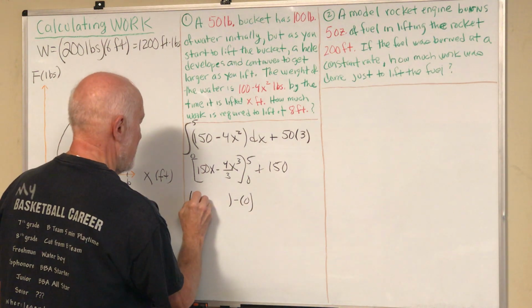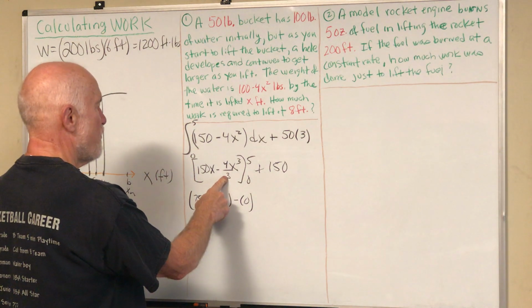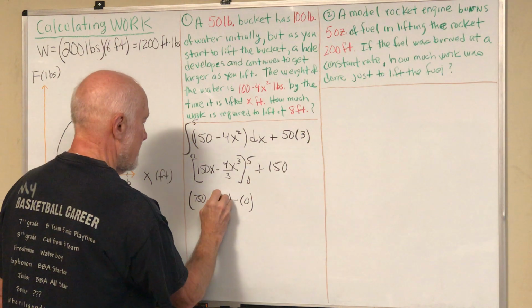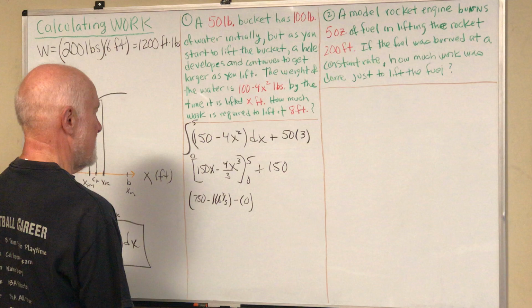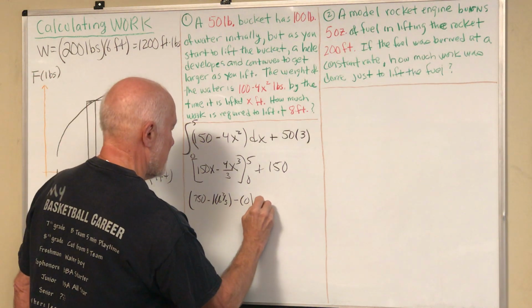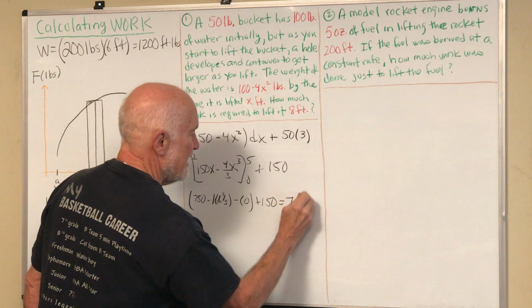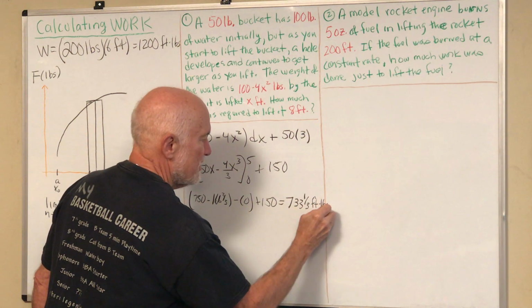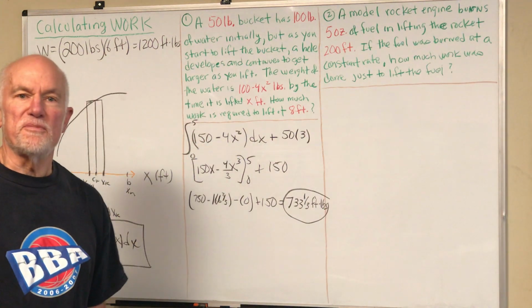So you get 750 minus 4/3 times 125, I think that's right, plus 150. So you get 733 and 1/3 foot-pounds. And that's the total amount of work that was required.